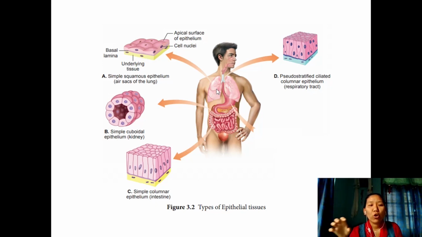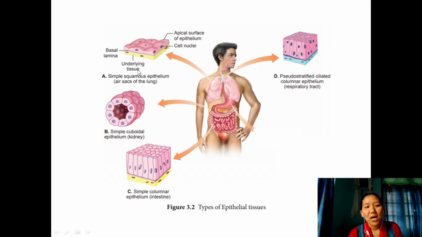In order to facilitate diffusion of gas across the alveoli, the layer must be very thin, which is already so because of the presence of simple squamous epithelium. Since it is very thin, it acts as a diffusion boundary and helps in the diffusion of gas.